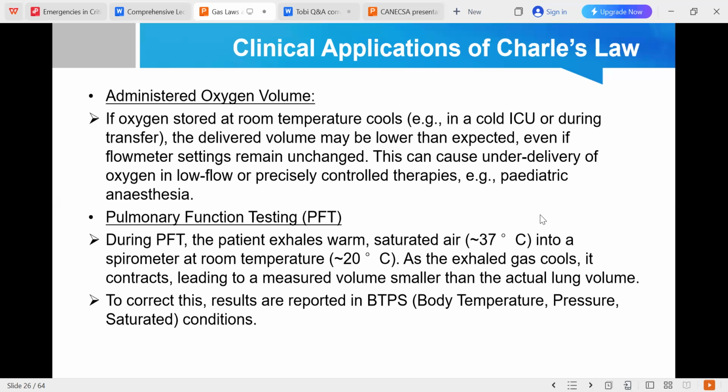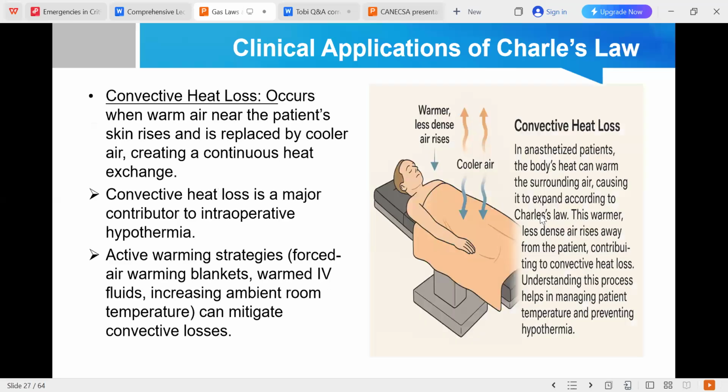So as it goes into the spirometer, which is at room temperature, the air cools down and contracts, which leads to a smaller volume being measured by your spirometer compared to the actual lung volume. So most spirometry results are usually corrected for the body temperature, pressure, and saturated conditions.